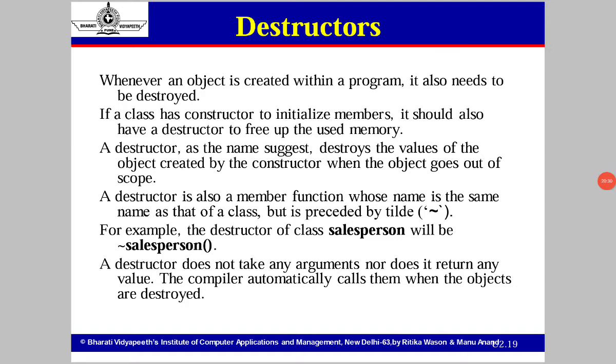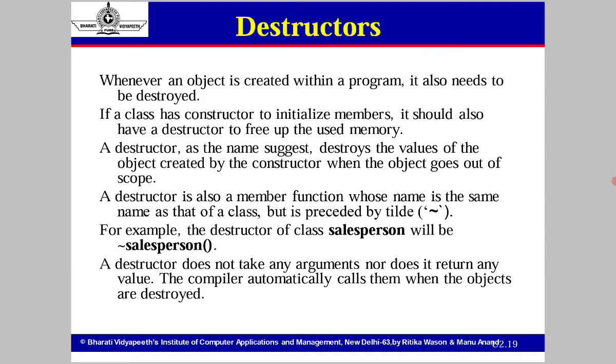A destructor, as the name suggests, destroys the values of the object created by the constructor when the object goes out of scope. A destructor is also a member function whose name is the same as that of the class, but is preceded by a tilde symbol. So destructors are used with a tilde symbol.